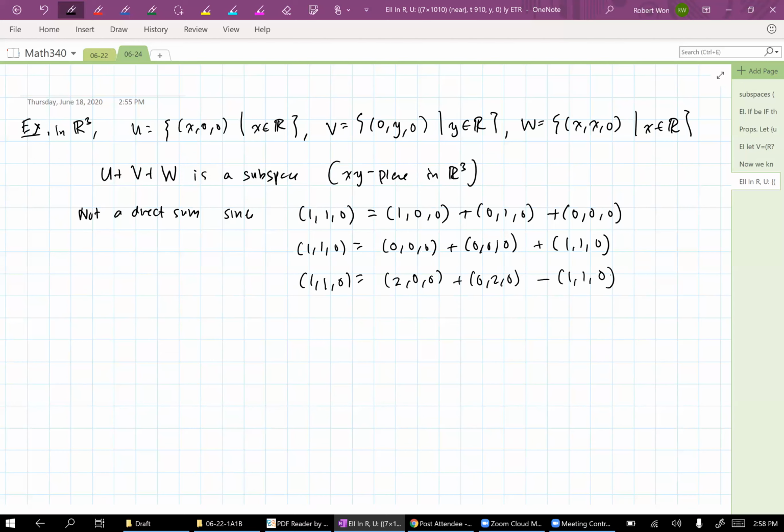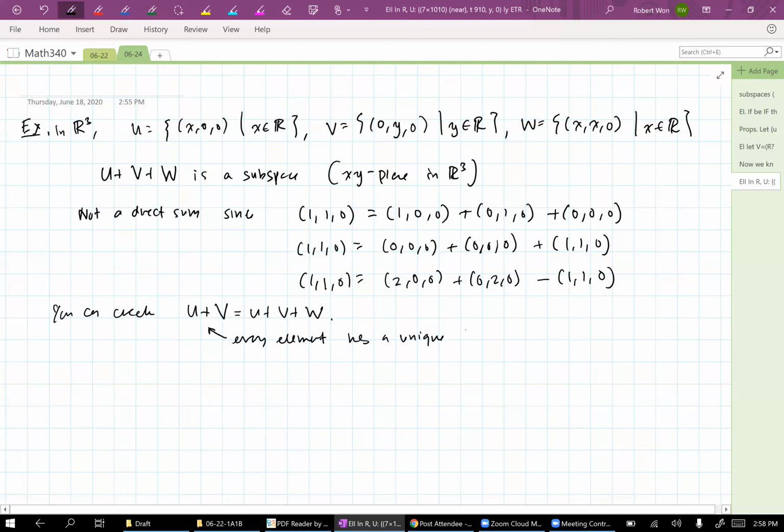But you can check, it's not so hard to see that U plus V, this sum of everything in U and everything in V, is the same thing as U plus V plus W. And here, every element has a unique representation as something in U plus something in V. So this thing you could denote by U direct sum V with this new symbol.